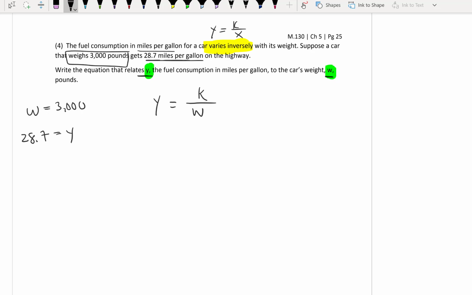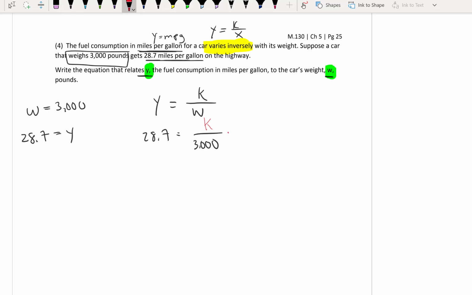So that's miles per gallon. So that's your y, your miles per gallon. So I'm going to plug in my information. So I have a 28.7 is equal to that k value, and that w is 3,000.